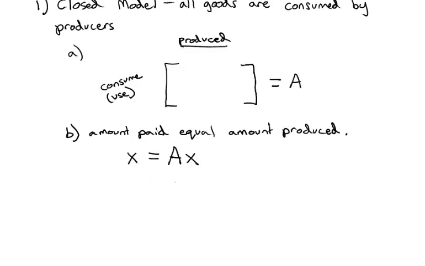Let's subtract Ax from both sides. That's equal to 0. We have a common factor of x. X is on the right of the A, so because these are matrices, we have to preserve the side. So we'll factor x out on the right side. X divided by x is 1. In terms of matrices, 1 is the identity matrix, 1's down the diagonal, minus A equals 0.